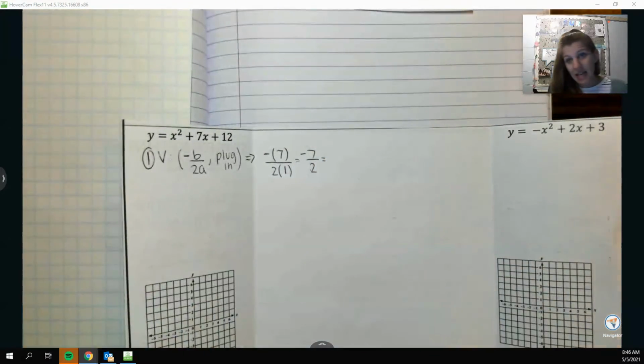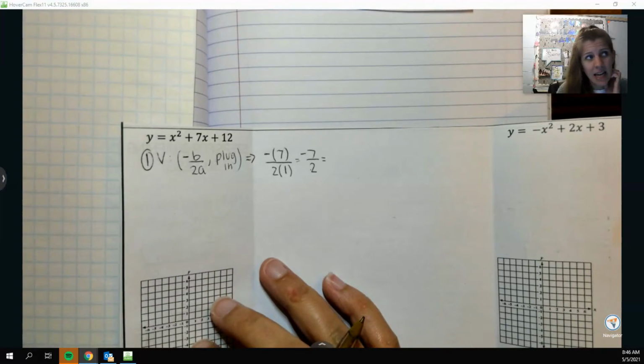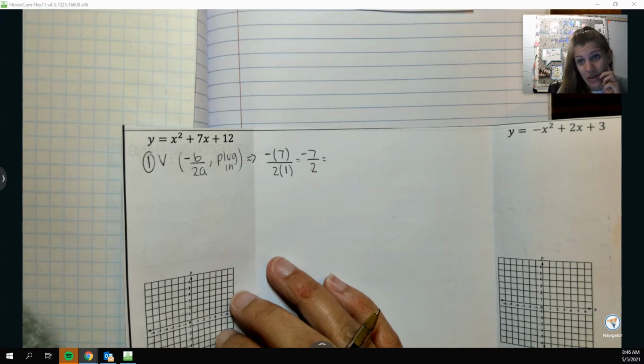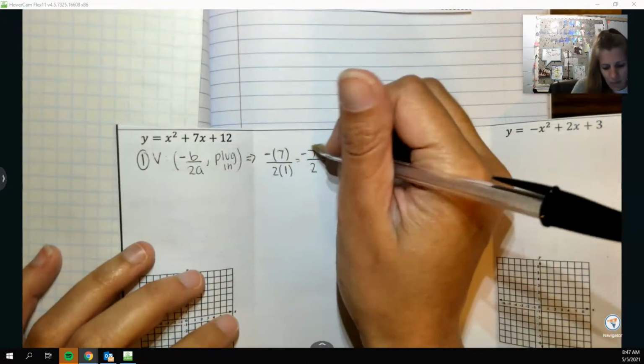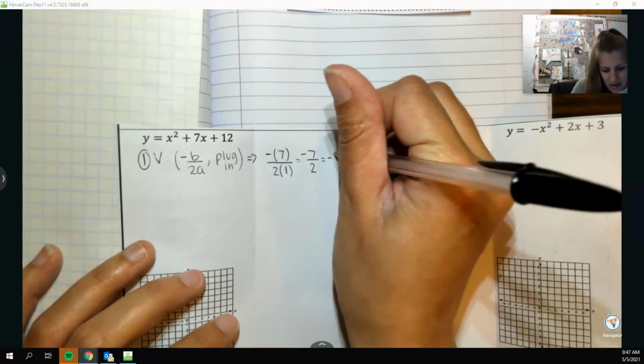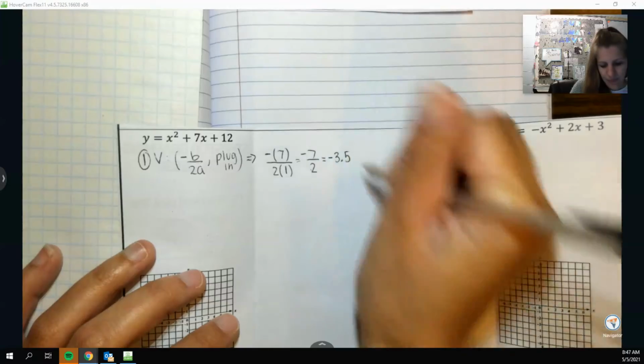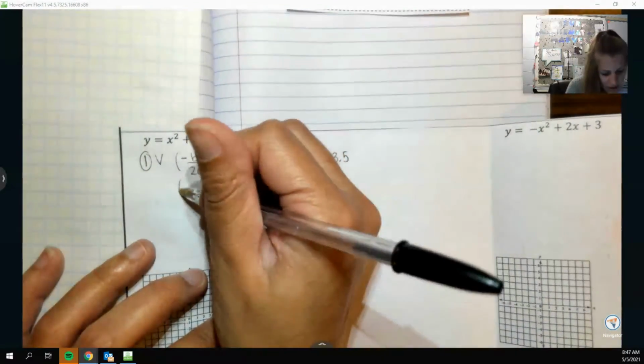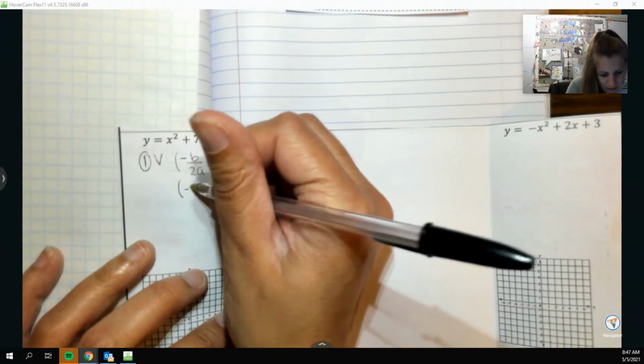Now, sadly, this does not divide evenly, and I think I'm actually going to change it to a decimal. The reason being is because I have to graph it, and I want to know exactly where this is. So when I divide this out and get a decimal, we are at -3.5. Okay, so this is the x value of my vertex.